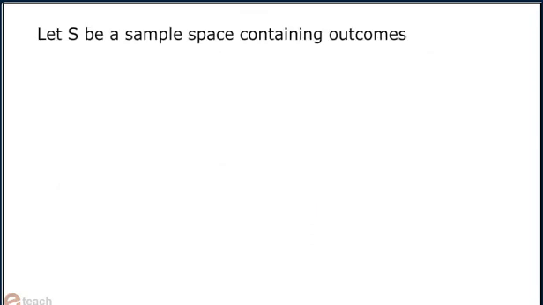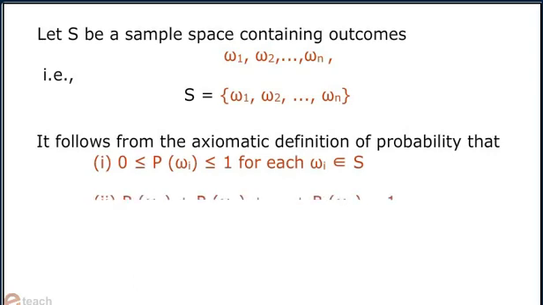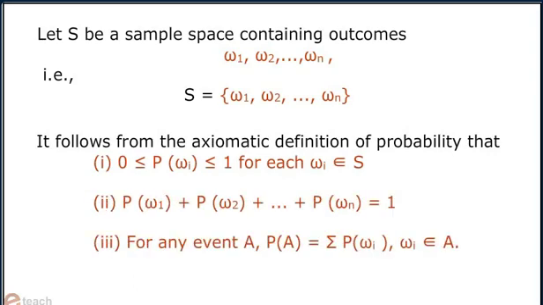Now let S be a sample space containing outcomes omega 1, omega 2 up to omega n. That is, S contains omega 1, omega 2 up to omega n. It follows from the axiomatic definition of probability that 1. Probability of omega i is greater than or equal to 0 and less than or equal to 1 for each omega i belonging to S. Number 2.